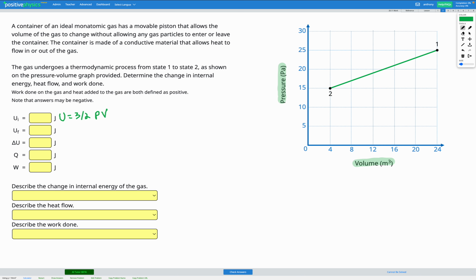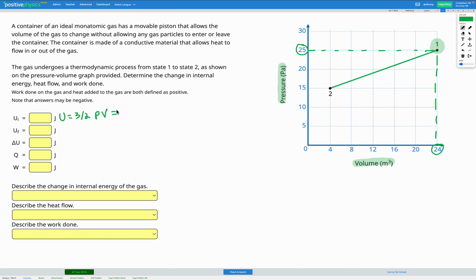And we're going to use that equation to figure out our internal energy from the graph. So looking at point 1, which is our initial point, that's here on the graph. We can read off our pressure from the y-axis of the graph. Our pressure at point 1 is 25 pascals. And we can read off our volume from the x-axis of the graph, which is 24 meters cubed.